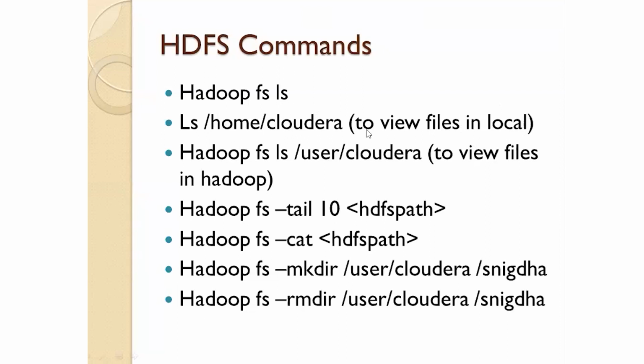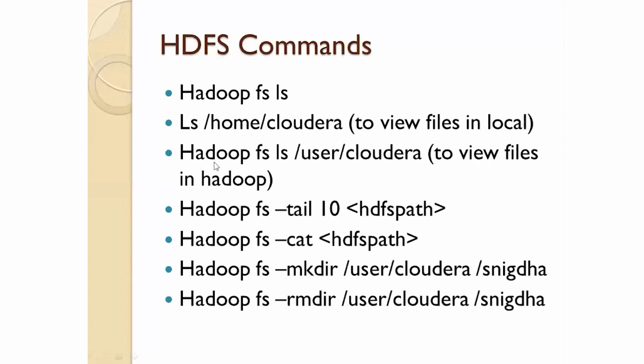In the local machine, our home directory will be like this: slash stands for root, after root your home directory will be there, and in that home directory you can give your name. So this entire directory acts as a home directory for you.